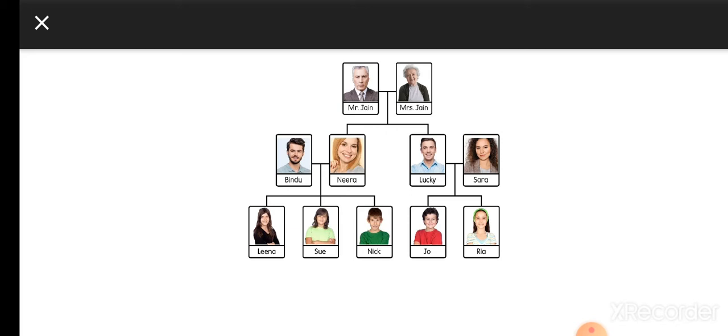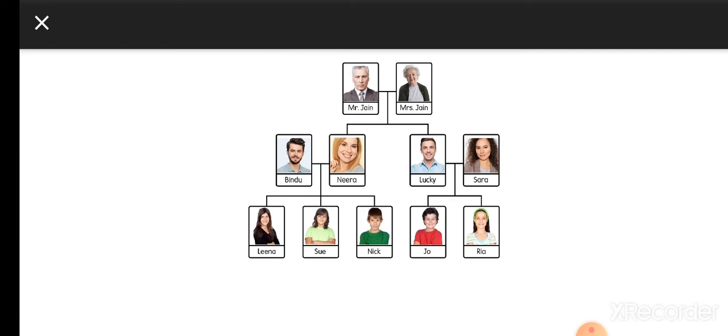By seeing the pictures you can identify they are the kids. But if the pictures are not there, how can you identify who are the grandparents, who are the parents and who are the children? Always in a family tree, the top part will have the grandparents, because they are the first. From the grandparents only the parents came, and from the parents only the children were born.